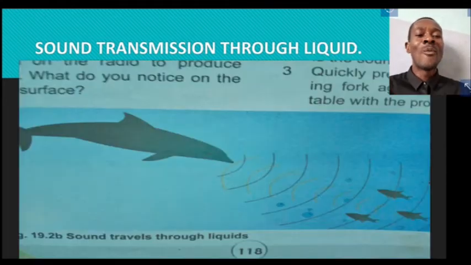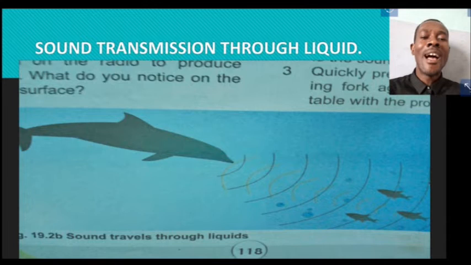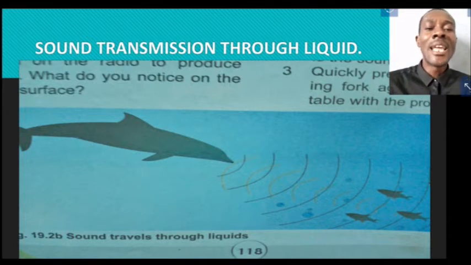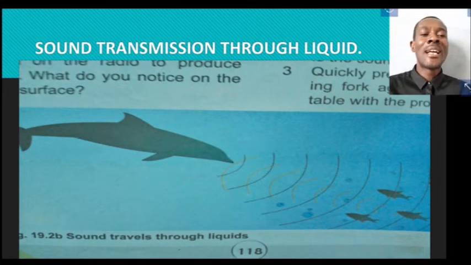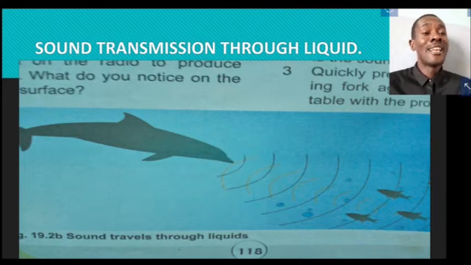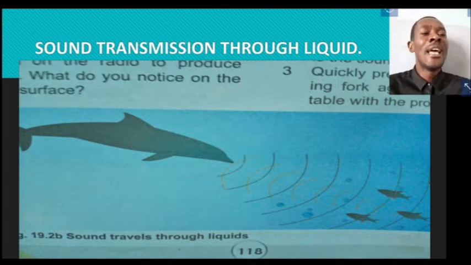The next thing we're going to look at is that of aquatic medium, that sound can move in liquid medium. Based on what is on your screen, you can see that that is a dolphin, and a dolphin produces sound. Also, shark can do that, most especially when the shark wants to locate the prey it wants to feed on.